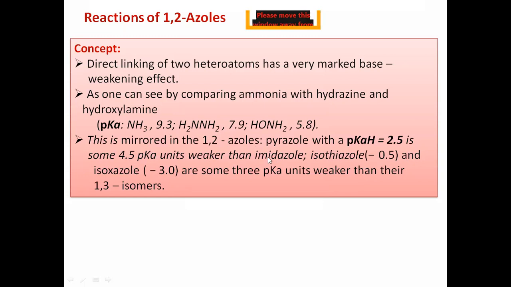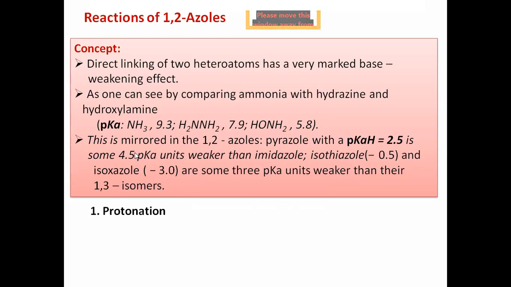Similarly, pyrazole is weaker than isothiazole by 0.5, and isoxazole is lower by 3.5. Some other compounds are also there. So simply we can say 1,2-azoles are weaker bases than 1,3-azoles. The reason is direct bond formation.